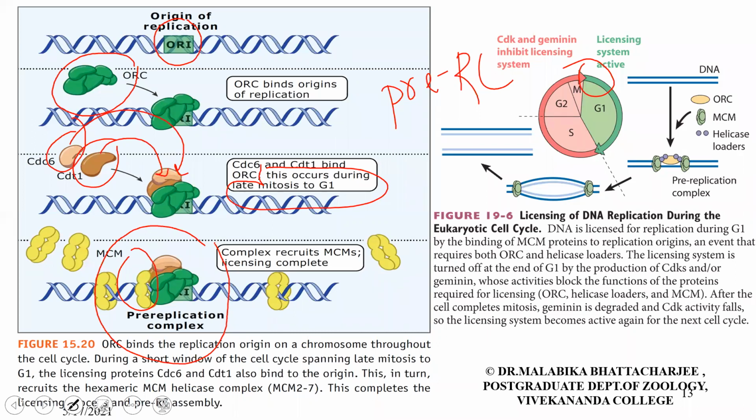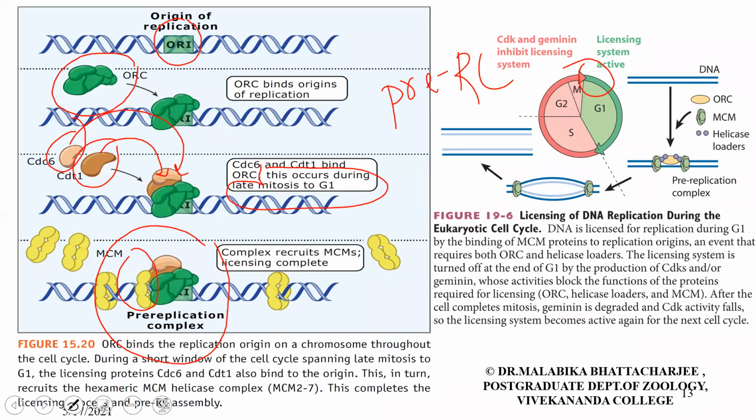So this is one very, very vital thing that occurs in the small window of early G1 and late mitosis. As I again said, and I'm again repeating, this pre-replication complex formation is restricted to the window of the end of M phase and the early G1.